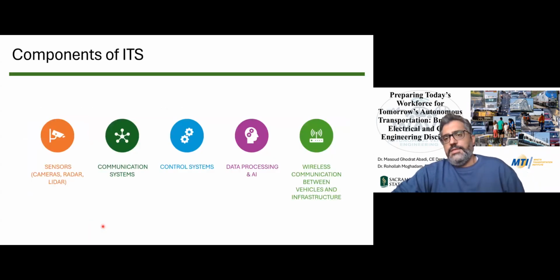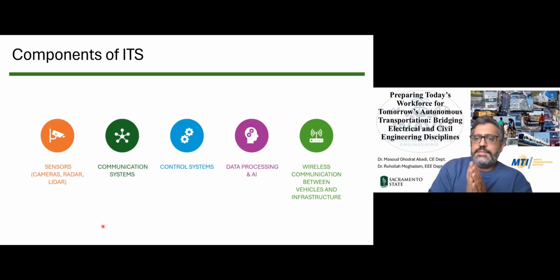When we talk about ITS, there are some principal components, some key enablers, like detection systems. How that detection happens could be through sensors, cameras, radars, lidars. So basically, that is the detection.